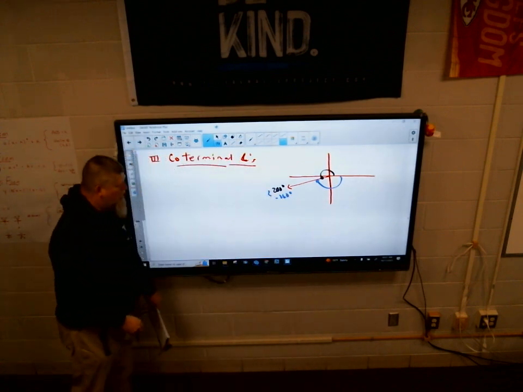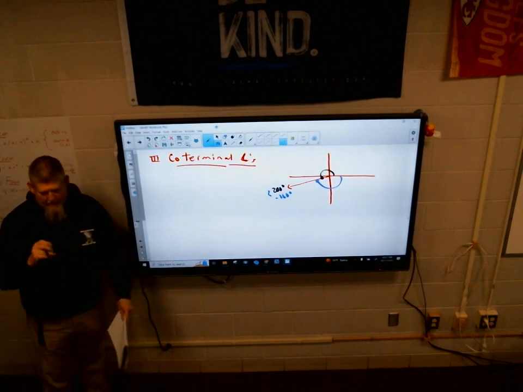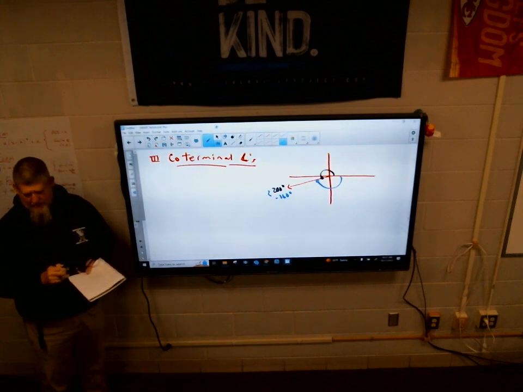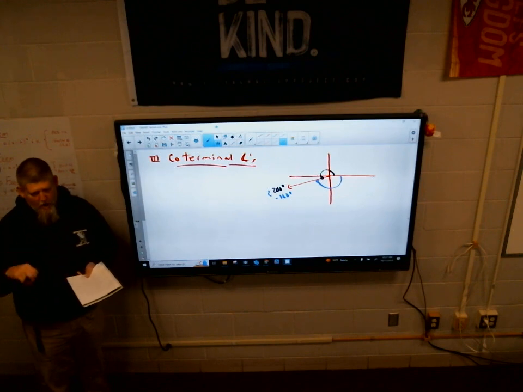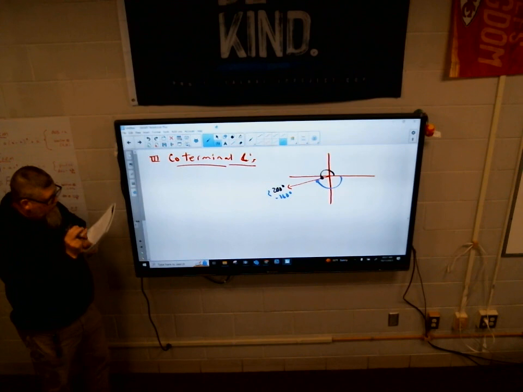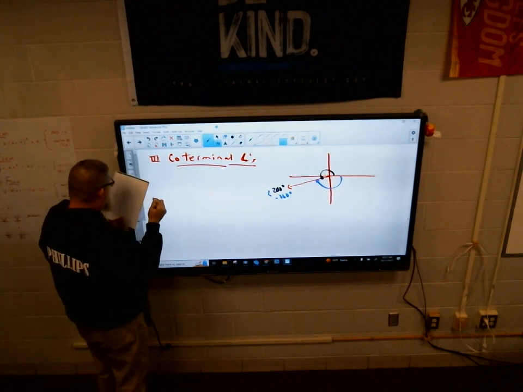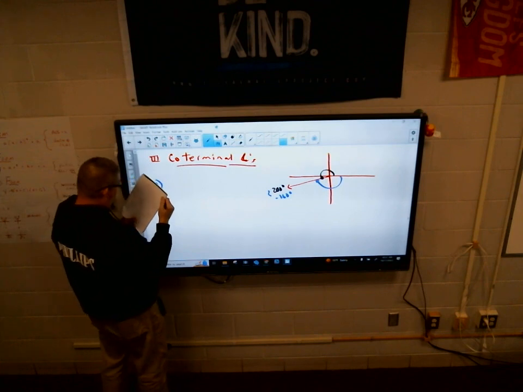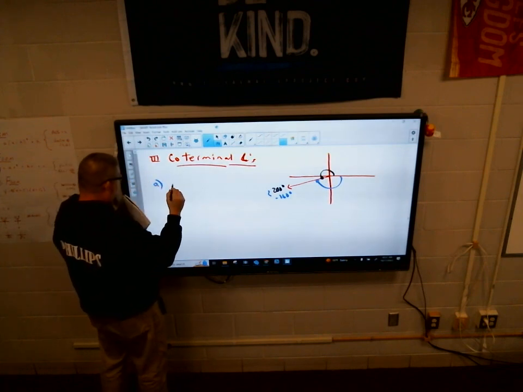So the problem comes in when we get an answer that's not between 0 and 360. Remember we talked about how we can keep doing revolutions over and over. We can have a 5,000 degree angle. So let's say we give you an angle measure of 420 degrees.